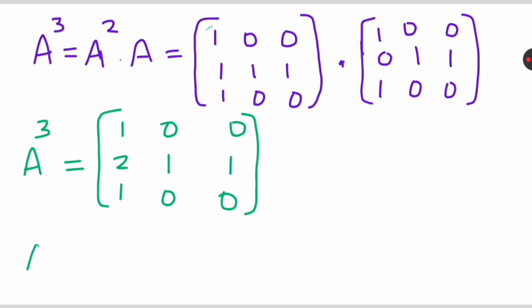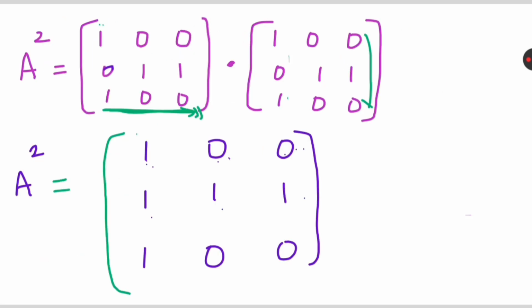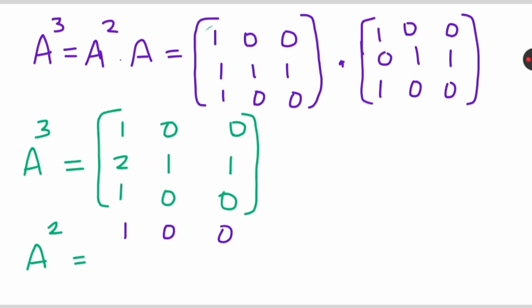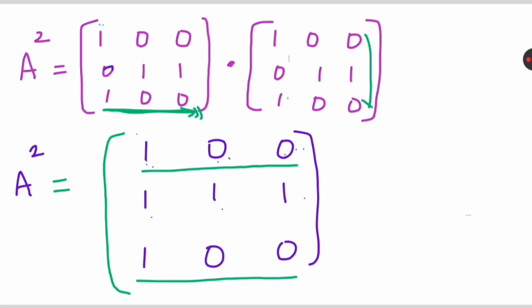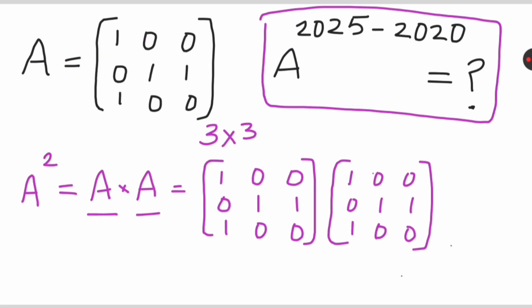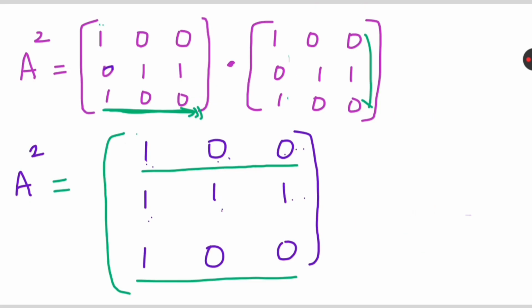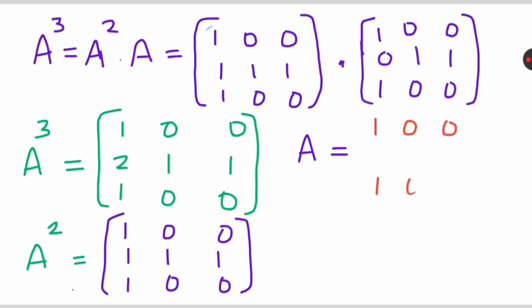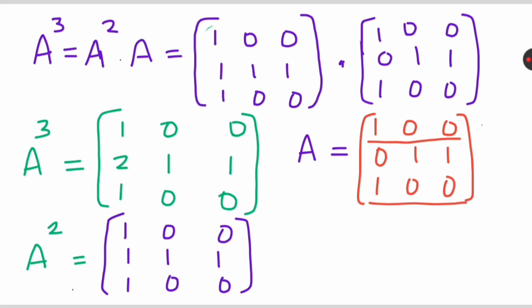Now observe the A power 2 matrix. What we got? We got first row as 1 0 0, and third row also 1 0 0. Now what is the second row? 1 1 1. In A also, the first row is 1 0 0, and third row also 1 0 0, and the second row is 0 1 1. This is A. In A, the first and third row is same.